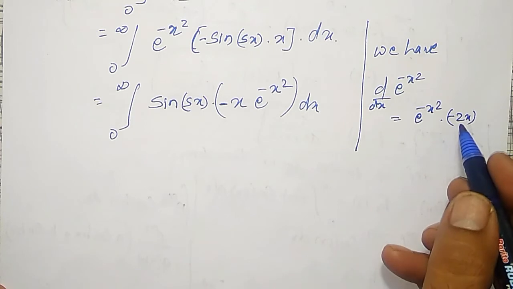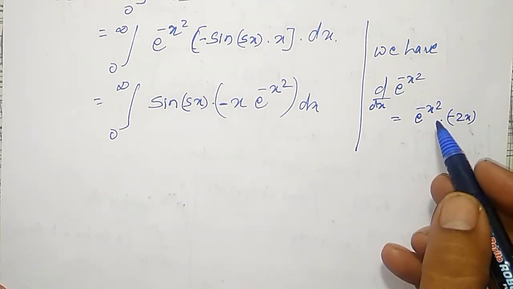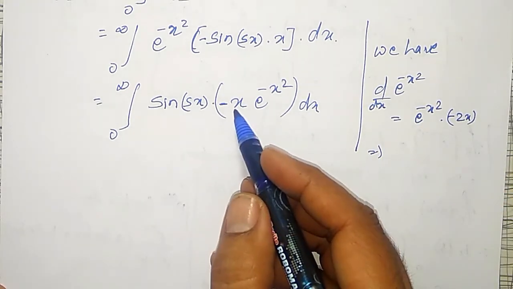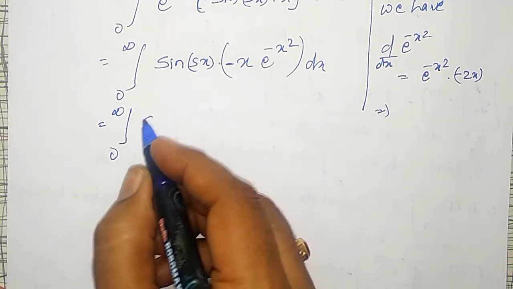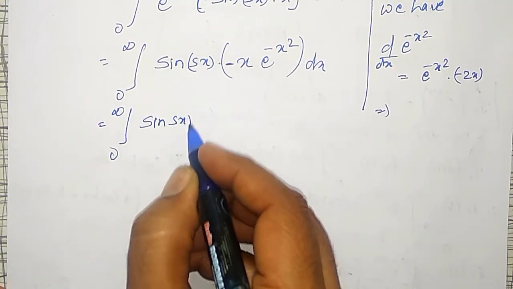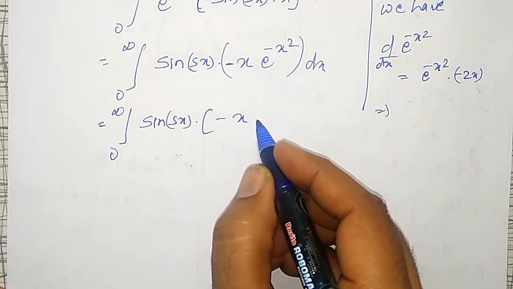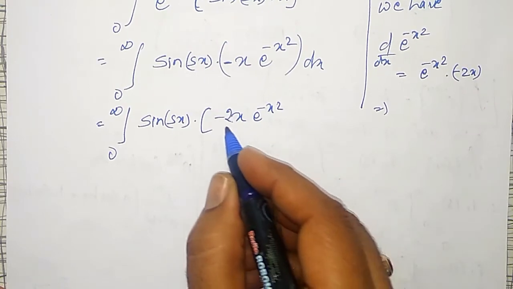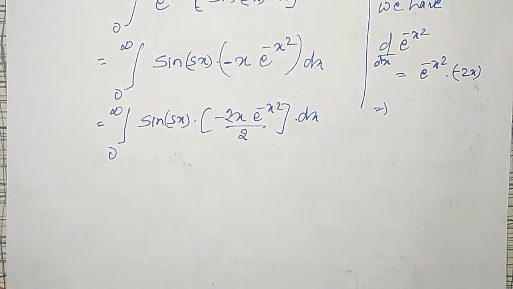Correct, into minus 2x as the differentiation of this one. But here 2 is missing. That's why integration from 0 to infinity sin sx into minus x e raised to minus x square, 2 is missing, I will multiply by 2 and divide by 2, into dx.